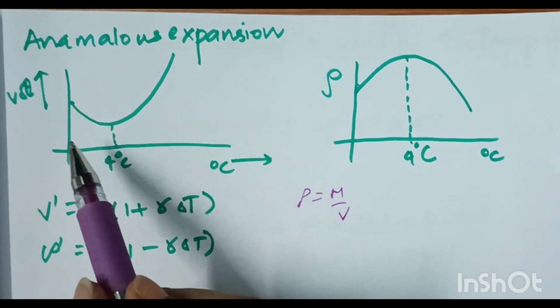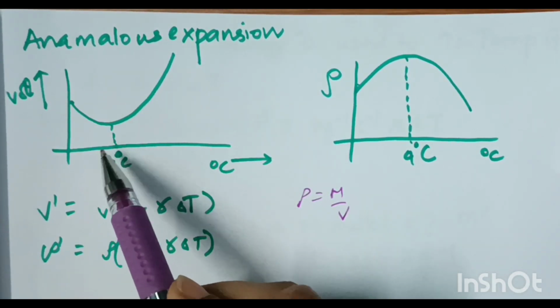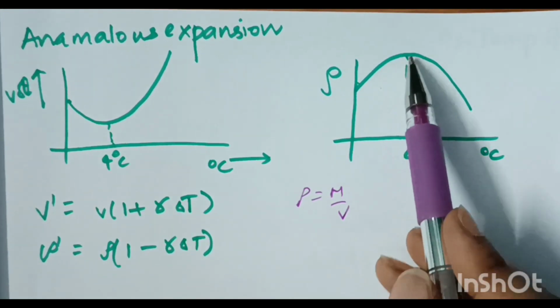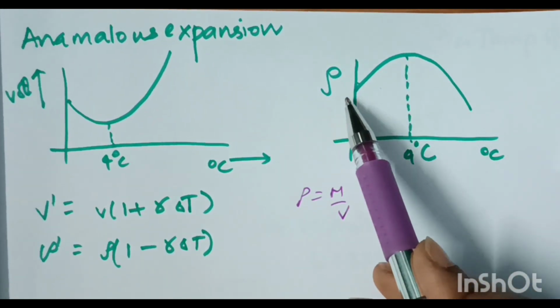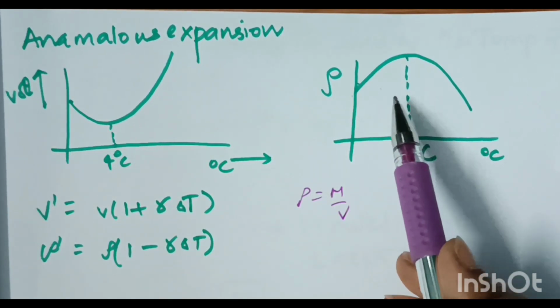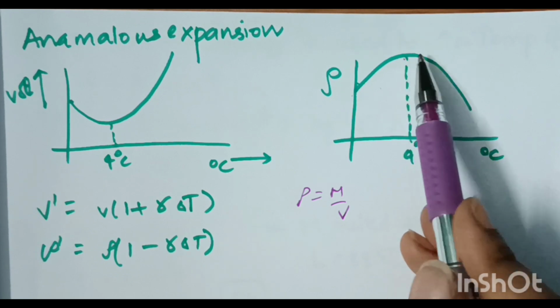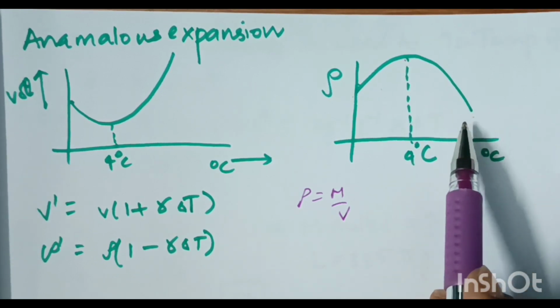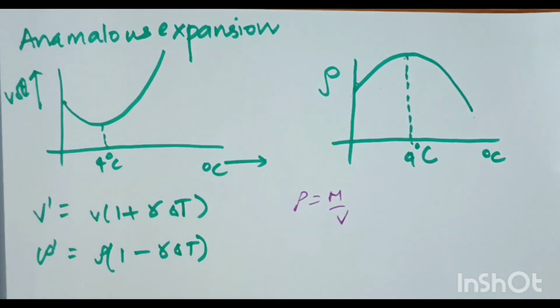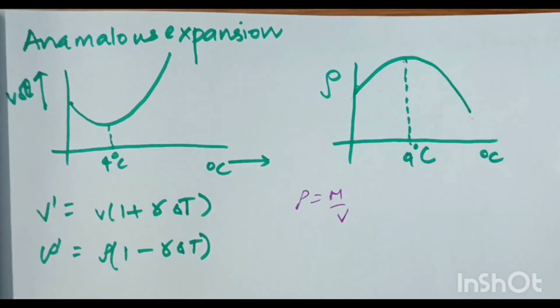If the volume of water is minimum at 4 degrees Celsius, then the density of water will be maximum at 4 degrees Celsius, and the graph is just opposite to that of volume. From 0 to 4 degrees Celsius the density of water increases, then it decreases.